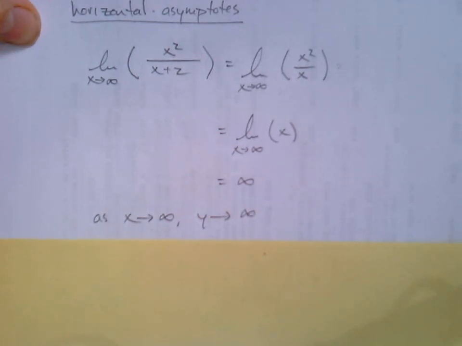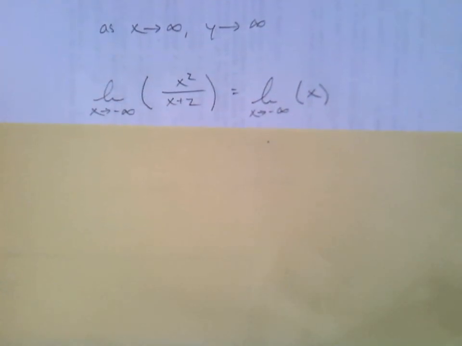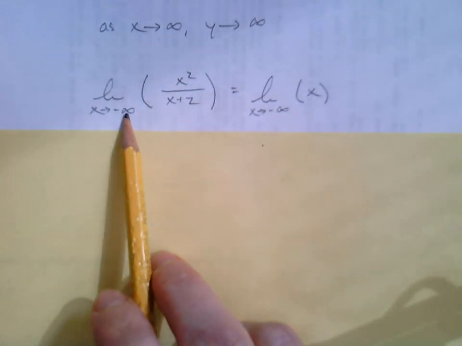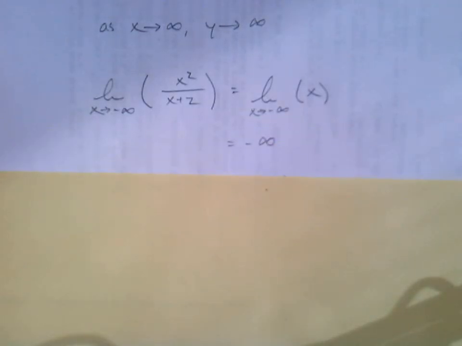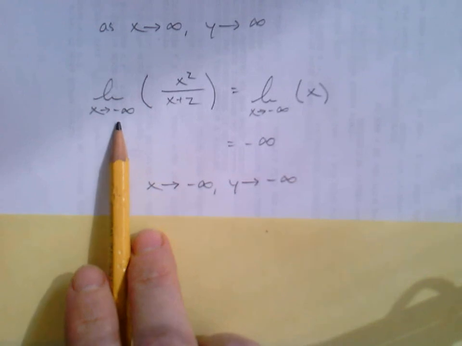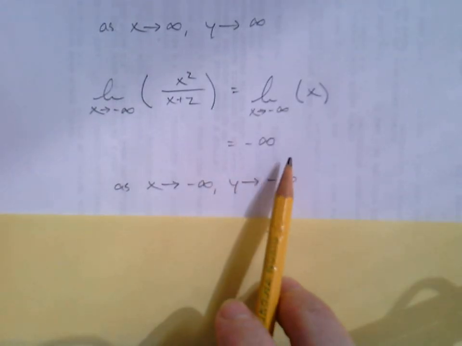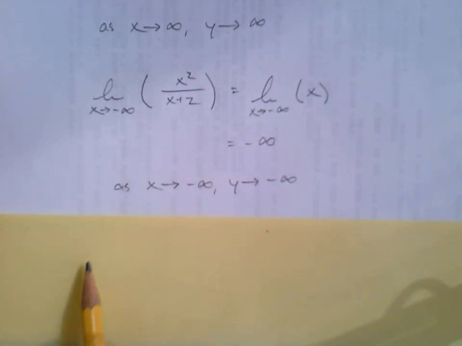Hey, we need to take the limit as x approaches -infinity to think about what happens as x goes the other direction. Well, same idea. We can take the highest powers, simplify, and this answer will be -infinity. So as x approaches -infinity, y approaches that. And now we can say, as x goes back to the left, the y value is going down. So it's going to have this kind of downward thing. Okay.